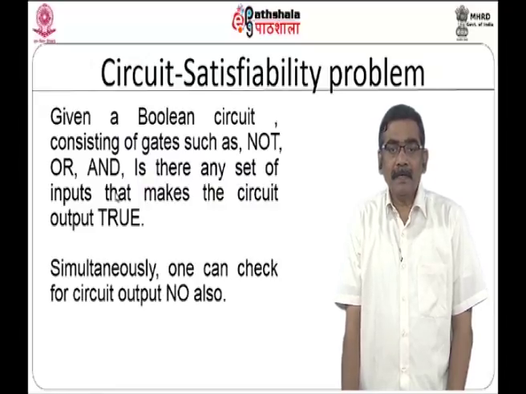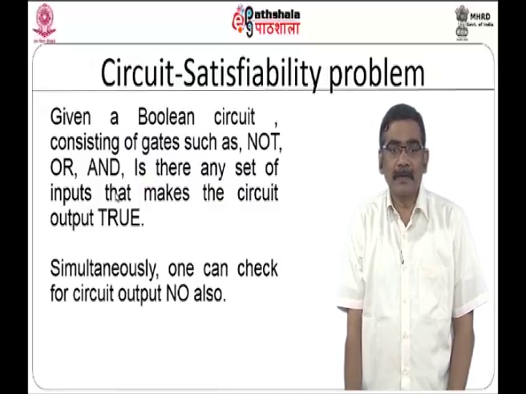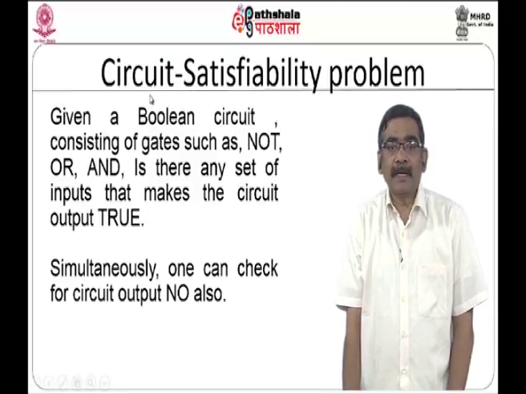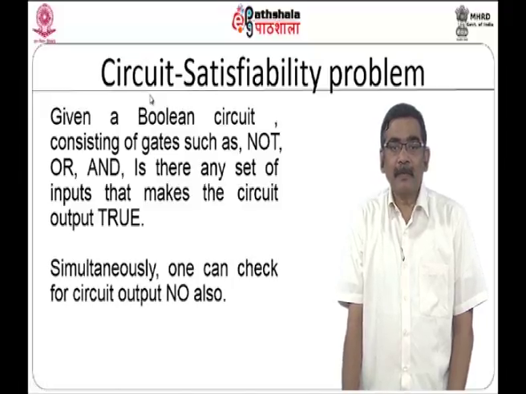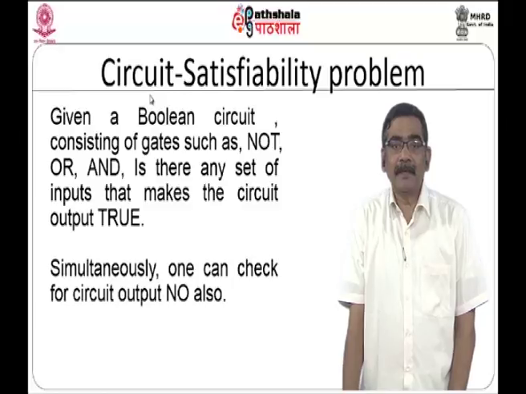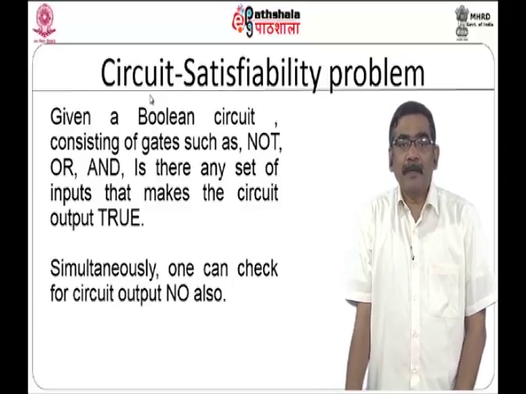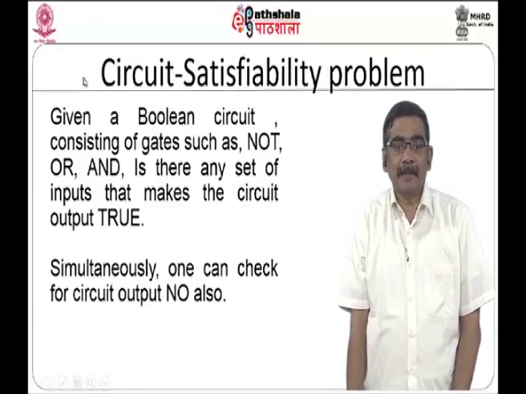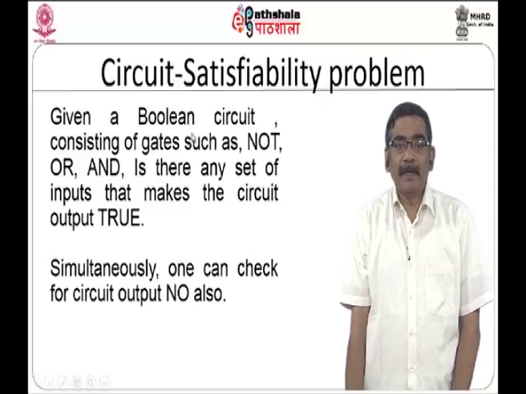One of the important contributions of Stephen Cook is the proof that the circuit satisfiability problem is NP complete. So, he formulated this problem in 1971. The problem of circuit satisfiability is something like this: given a Boolean circuit, where the Boolean circuit is said to consist of various Boolean gates like not, or, and.